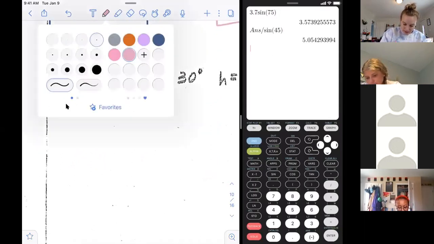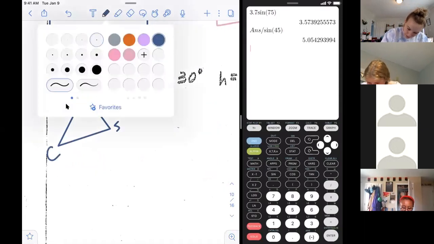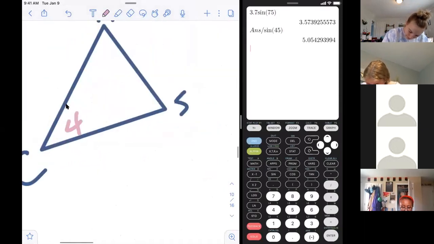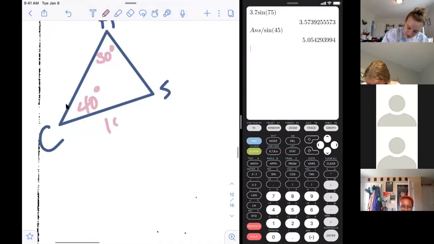It does not have to be exact. Don't freak yourself out. Just draw a little triangle. C, H, S. C is 40. H is 30. And then little h is 10.8. That 10.8 is across from the 30.